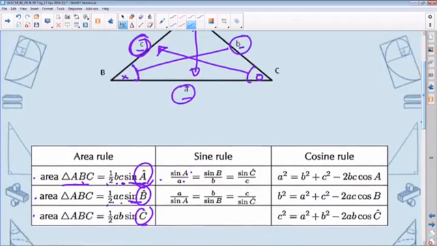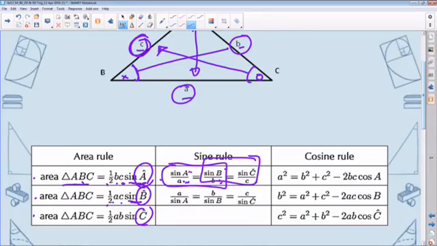So what this is telling me is that depending on what information I've been given, so whether I've been given angle A and then side a, and then maybe I need to calculate angle B and I've got side b, these are the different pairs of options that you can use depending on what information you've been given.